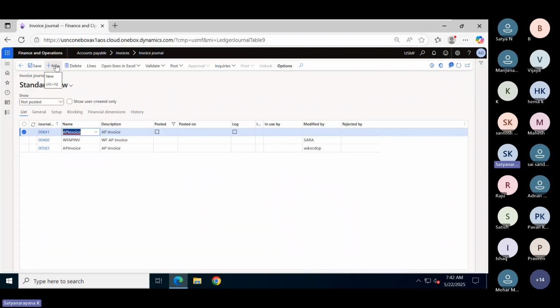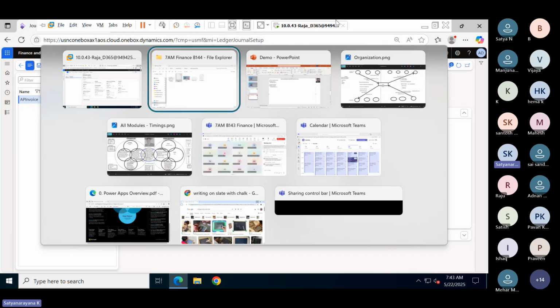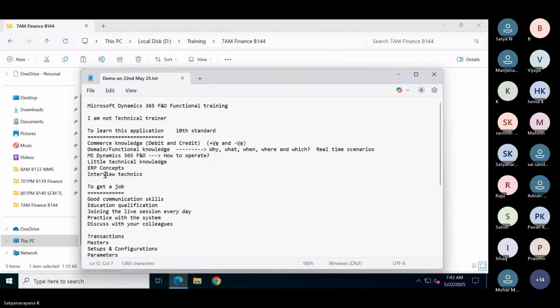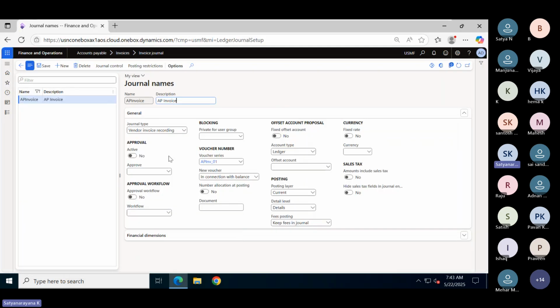Click on new button, select the journal name. Journal name is a configuration. How to configure, you will understand later.